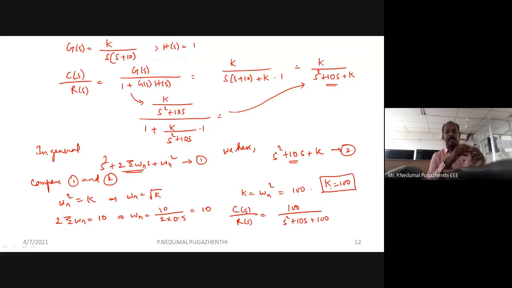From that, I am supposed to find the settling time, then the peak overshoot and the peak time. So with the known values of zeta equal to 0.5 and omega n equal to 10, I am supposed to find settling time Ts.